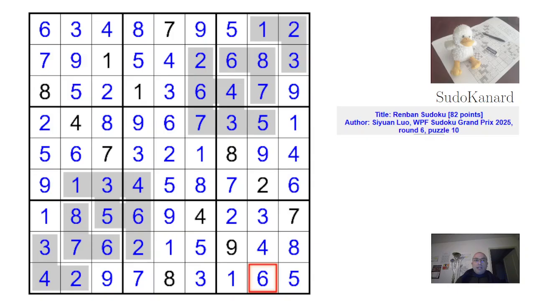There again, there was a very distinct, very logical solving path. But you have to juggle between the logic of Renban and the classic Sudoku logic. I just didn't do enough classic Sudoku during this walkthrough.